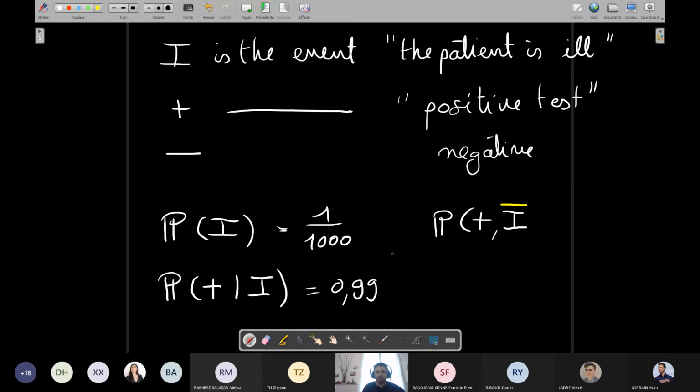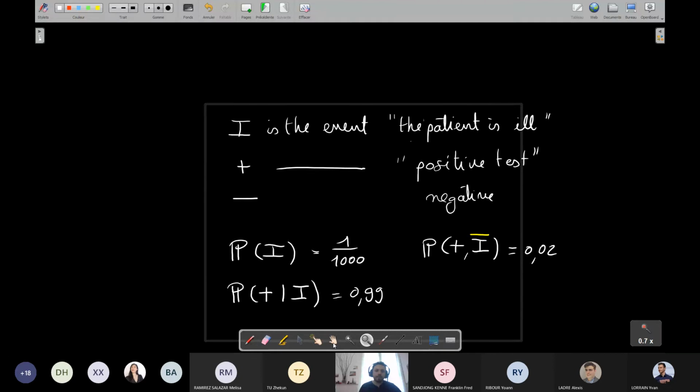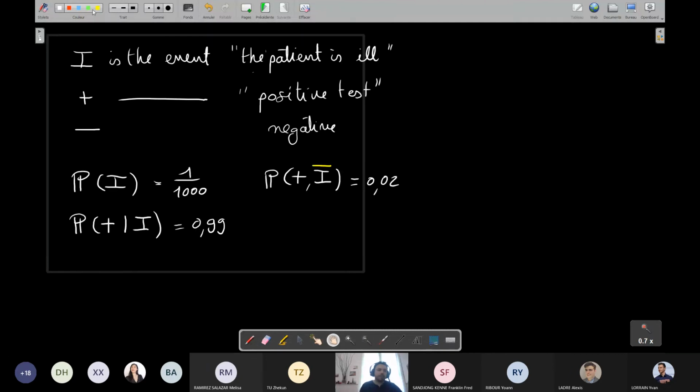This is the false positive information, and this value was 0.02. Now, what's the question? The question is, what's the probability that the person is ill given that the test is positive? We want to compute the probability of I given that the test is positive.